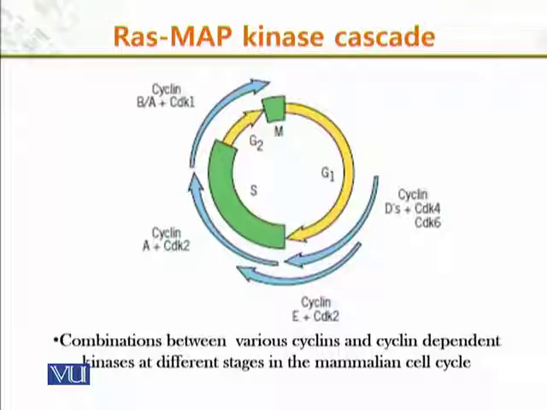For example, you can see the cyclin D जो है, ये जब होता है तो cyclin and CDK वहाँ पे ग्रोथ होती है. फिर दूसरी G1 जो space है वहाँ पे ग्रोथ होती है. And S जो है उस एरिया में जो कि इधर green है, that shows how the different phases of the mammalian cell cycle, they help.